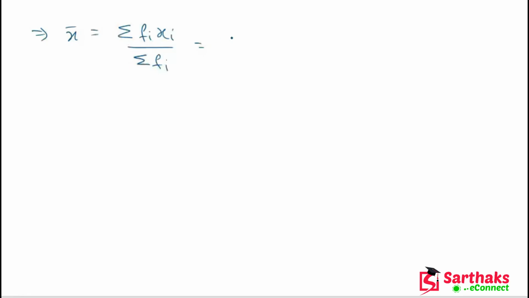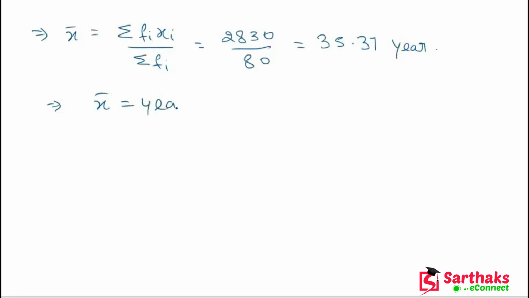So this will become 2830 divided by 80. After solving this we get 35.37 years. So this is the mean of this problem. I hope you get this point.